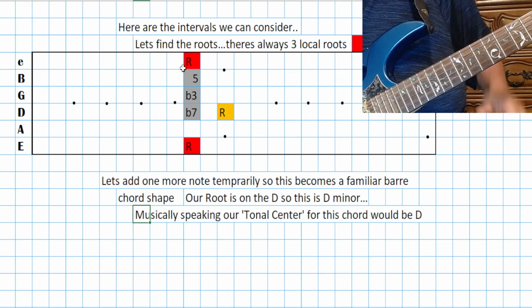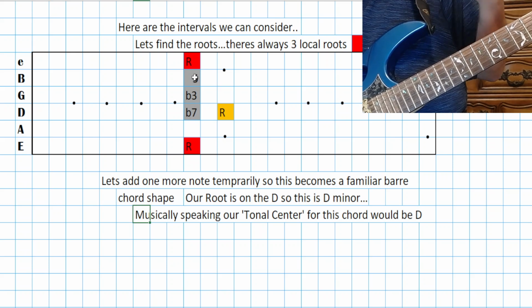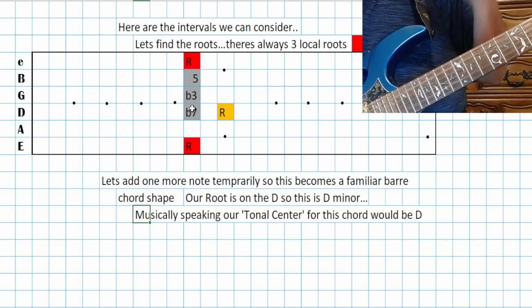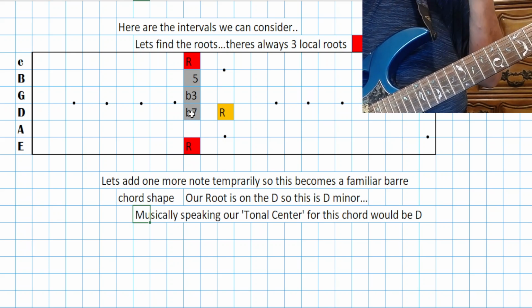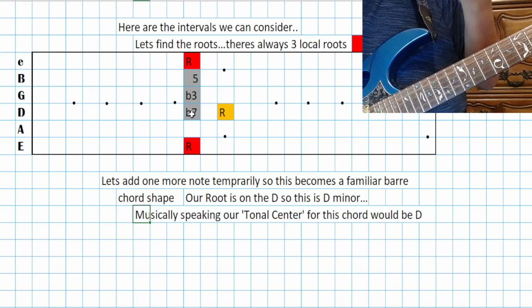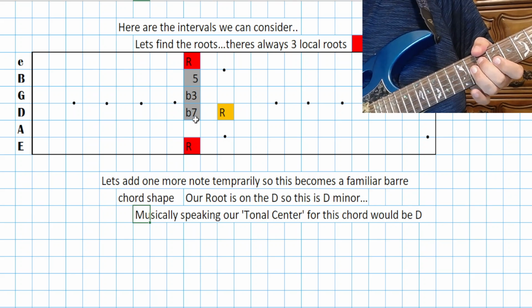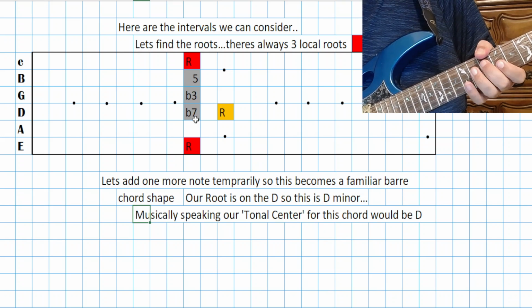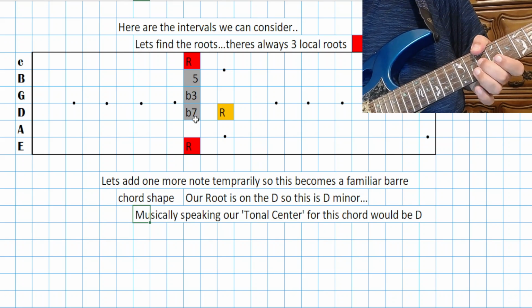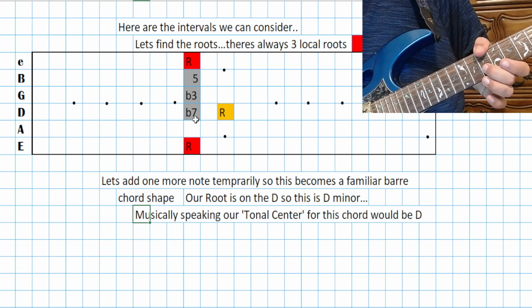When we get this root, all of this harmony has a relationship to it, and you can describe these harmonies as intervals. The interval here is a flat 7 to the root, then a flat 3rd, and a flat 5th.